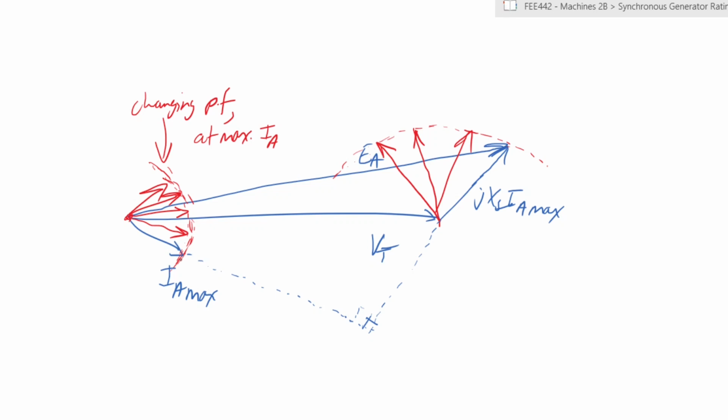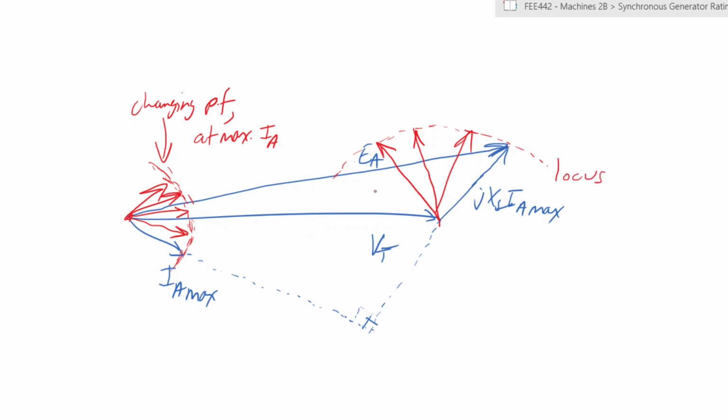As you change the power factor here, you would have them changing similarly in that direction, because they are always at 90 degrees to each other, always perpendicular to each other, right? So that is the locus of one of the limitations.